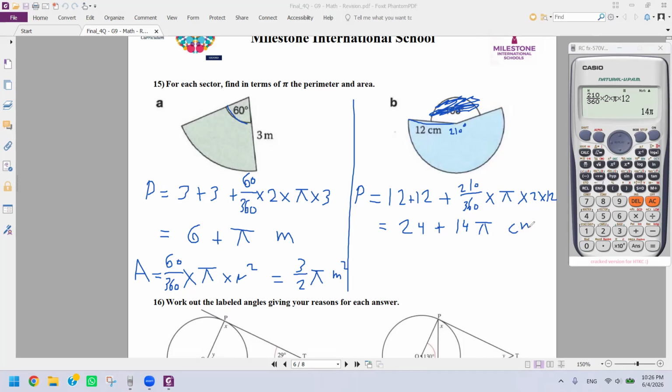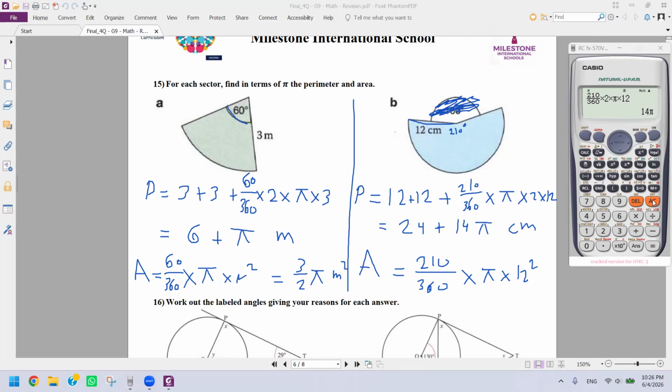Unit centimeter. Now for the area again, I'm not taking the full area, I'm taking 210 of the circle times pi times r squared, which is 12 squared.